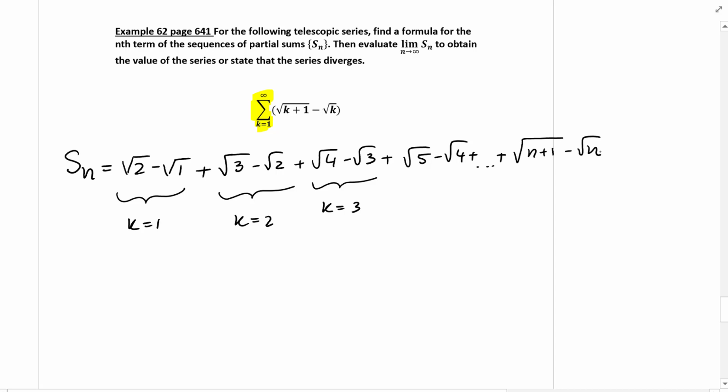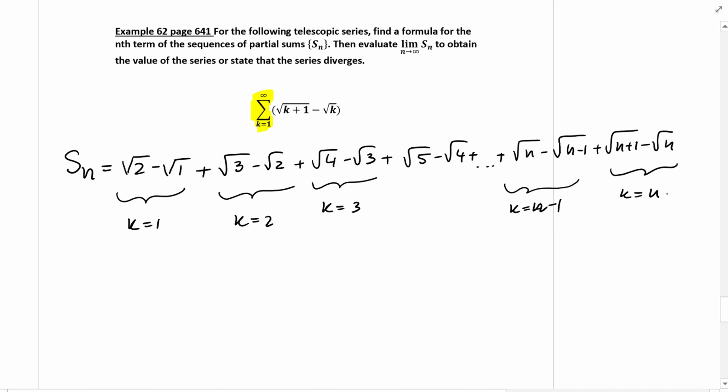I actually prefer to write the previous term, so for k equals n minus 1, I'm going to get square root of n minus square root of n minus 1, plus square root of n plus 1 minus square root of n. This is for k equals n. So what happens? Well, the first term cancels with the fourth one. The third term cancels with this one. Now, square root of 4 with this one. Square root of 5 is going to be somewhere here. Square root of n with this one.